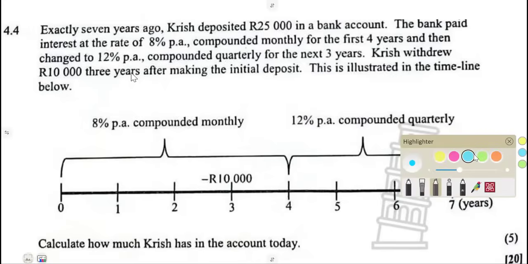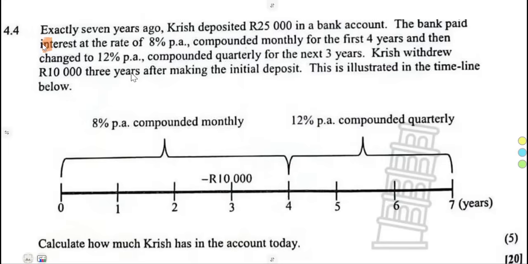Okay, for the first 4 years. And then charged 12% per annum, compounded quarterly for the next 3 years.